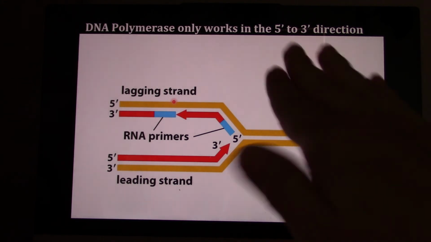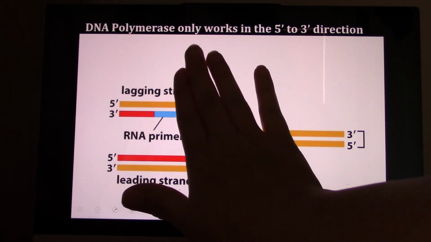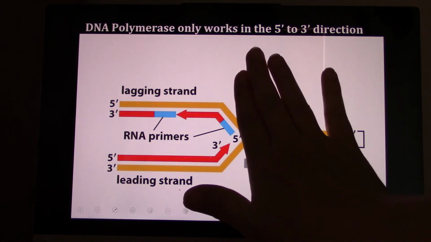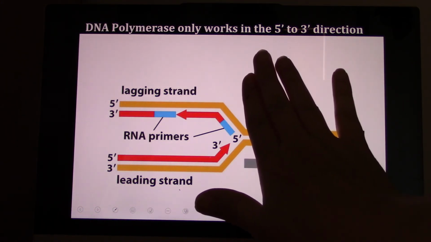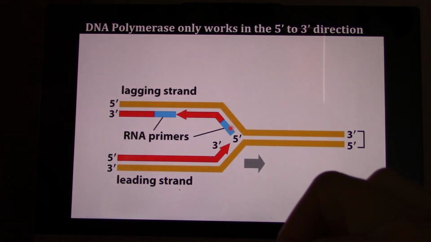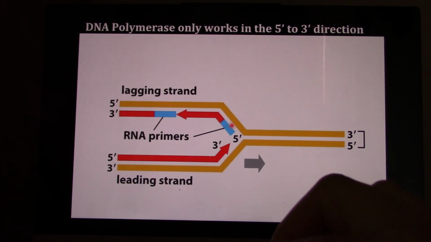So first we had this much template, and we made an RNA primer, and then we synthesized DNA. Then we unwound the DNA and got more of the template visible. So we had to make a second RNA primer and then synthesize more DNA off of that primer.